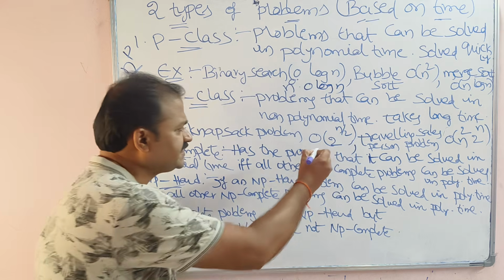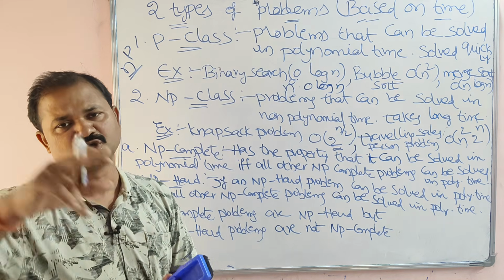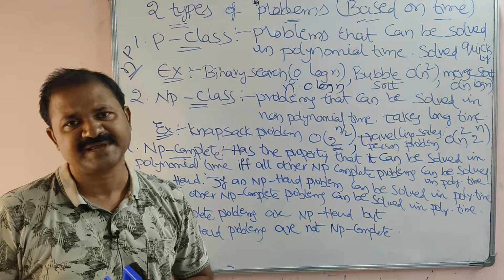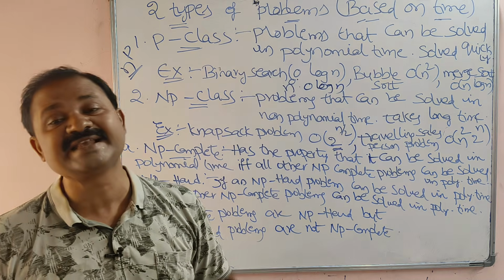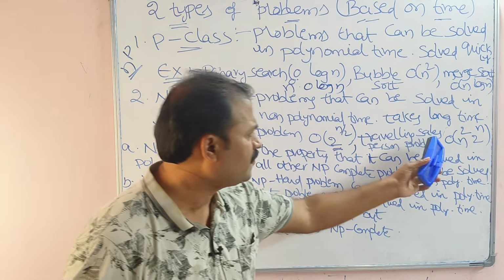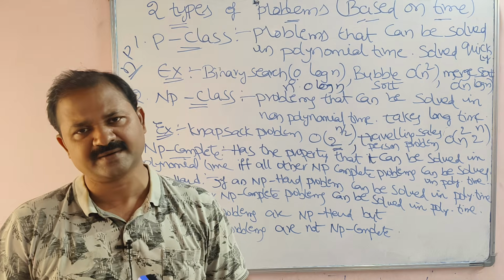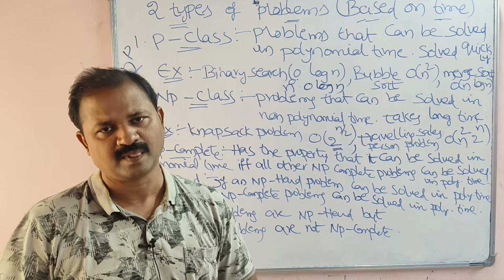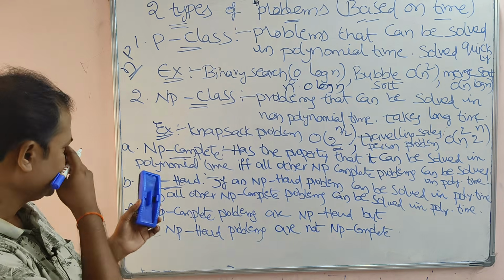So this is nothing but exponential time, non-polynomial time. 2 power something is nothing but non-polynomial time, exponential time. And one more example is the traveling salesperson problem. The time complexity is order of n square into 2 power n. So 2 power something is nothing but non-polynomial time. Non-polynomial time means exponential time.